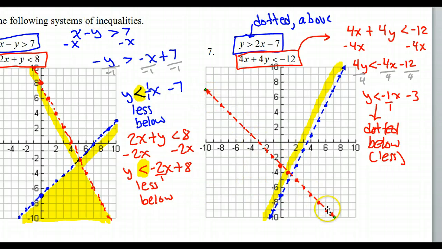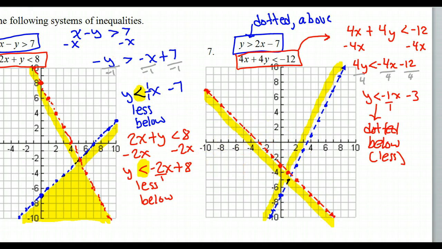So the line would look like this, and like I said, we're going to shade below. But whenever there's more than one line, do not go crazy and shade everything. Just shade one band on the correct side of the line, like this. One band.